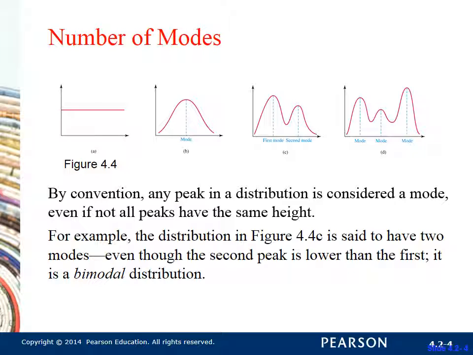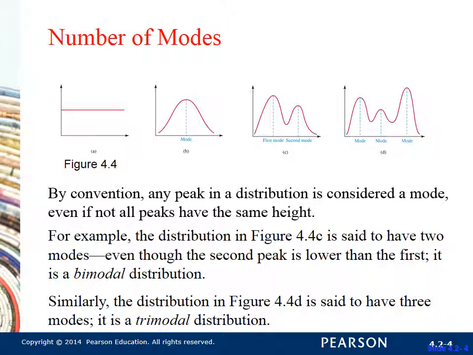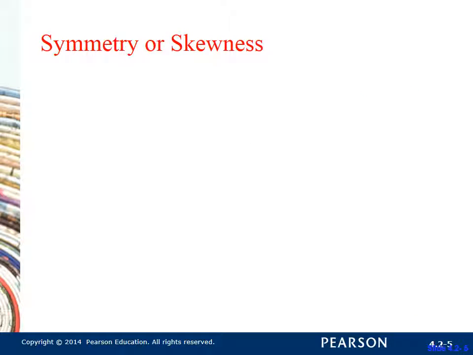So in diagram C, you have 2 modes because you have 2 humps. In the third one, we have 3 humps, otherwise known as trimodal. So one mode is unimodal, no mode straight across is uniform, and then I can have bimodal and trimodal. After that, we don't give it a name.